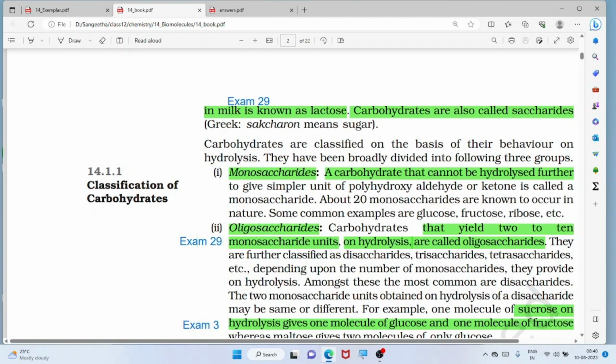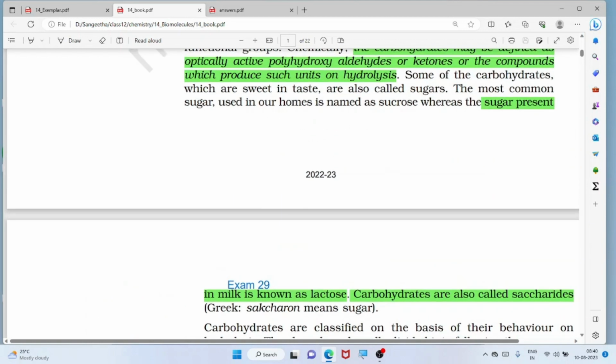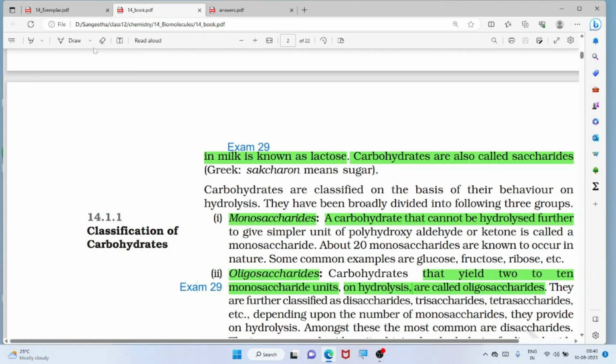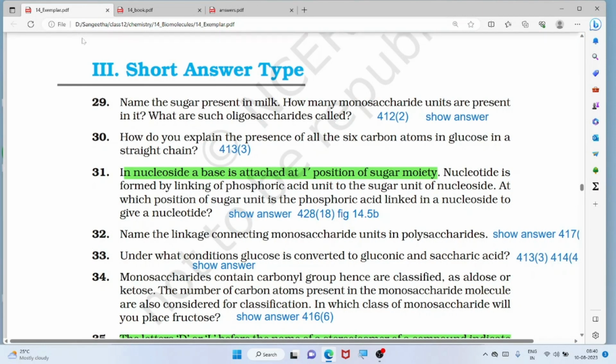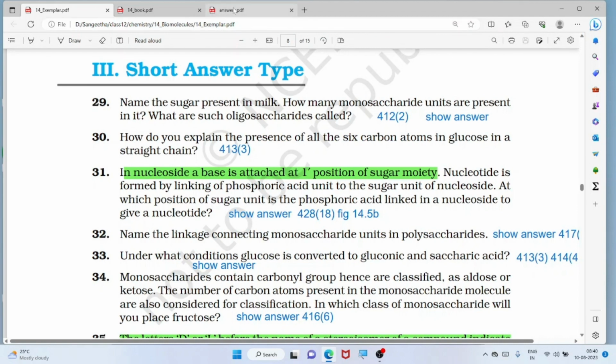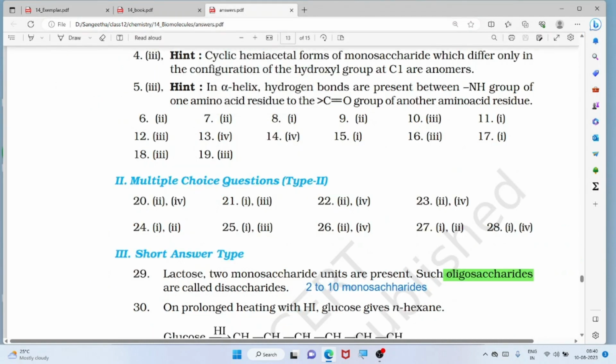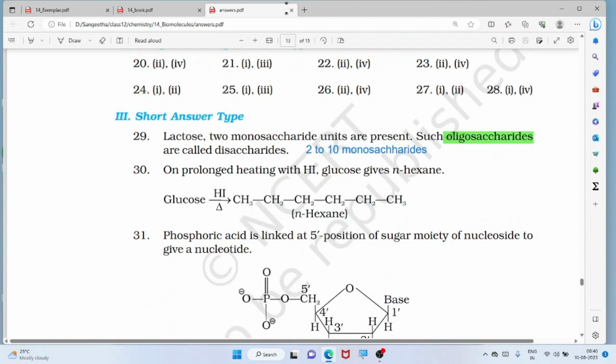This is lactose, and that is present in milk. The sugar present in milk is lactose. Two monosaccharide units are present. Such carbohydrates are called disaccharides. Two monosaccharides are present. Oligosaccharides have 2 to 10 monosaccharides.